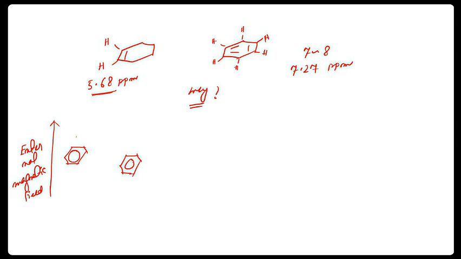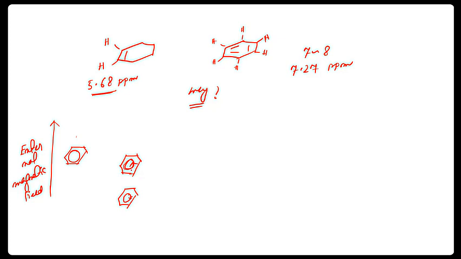So the ring current will maybe be in these directions and this also maybe in these directions. Now the question is whether the ring current will be in this direction or this direction. Now you just guess or remember the benzene is perpendicular to the screen of these mobiles. There it is rotating on the screen anti-clockwise.